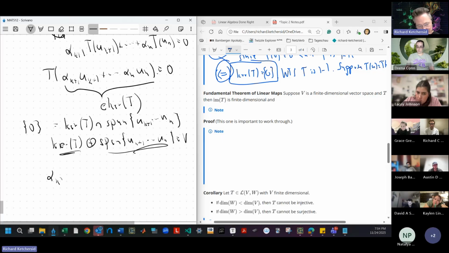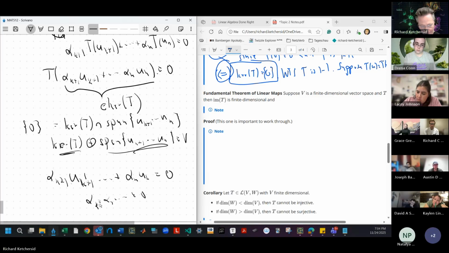So alpha_{k+1} u_{k+1}, we're only doing those things, is actually equal to the 0 vector in V. But these are linearly independent, so alpha_{k+1} equals alpha_{k+2} equals dot dot dot equals 0. They're all 0, which is what we needed to show.